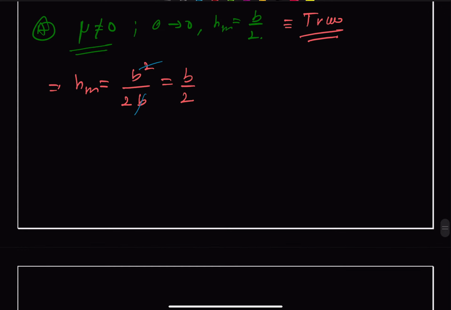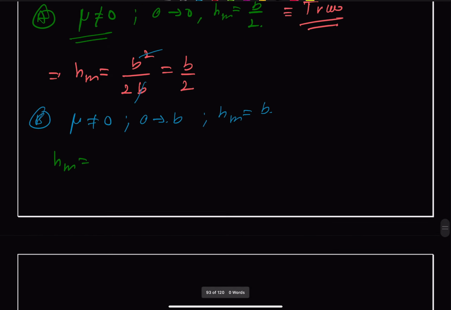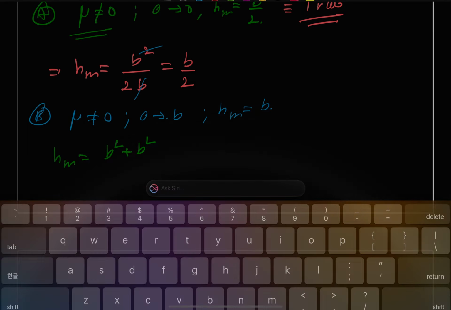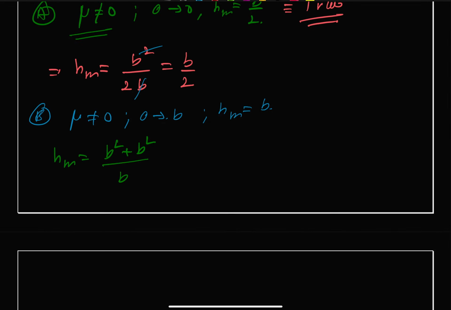Now we come to our B option. B gives us that mu is not equal to 0 and A tends to B, and our hm will be equal to B. Same solution, we can write that our hm, A is our B, so this comes as our B square plus B square upon 2B.